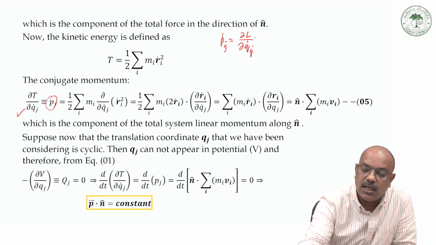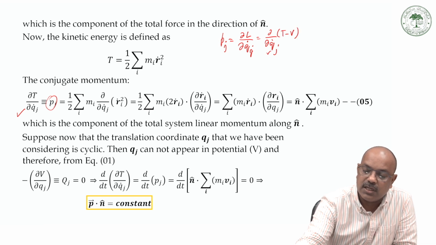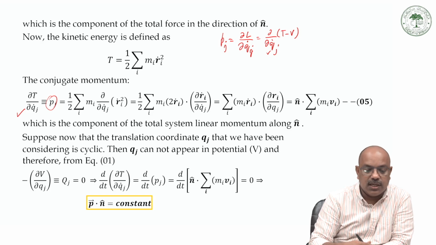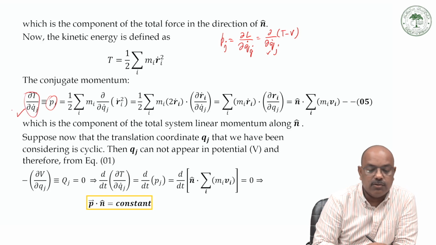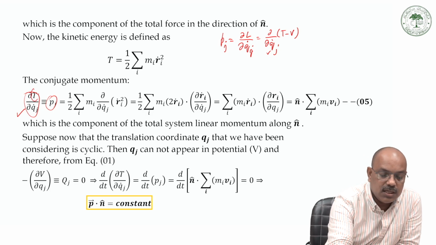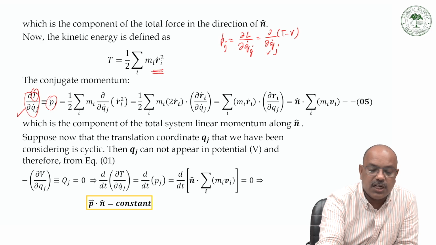But this L is T minus V, and we already know that V is independent of the generalized velocity, so I just have delta T by delta q dot j here.